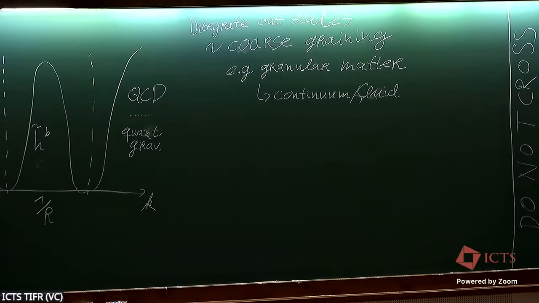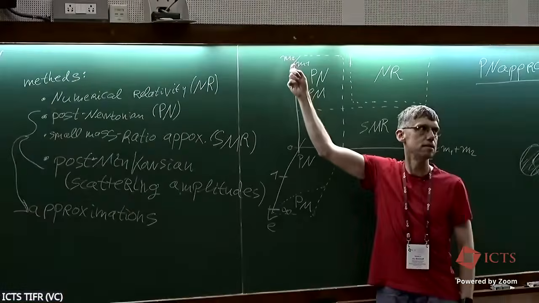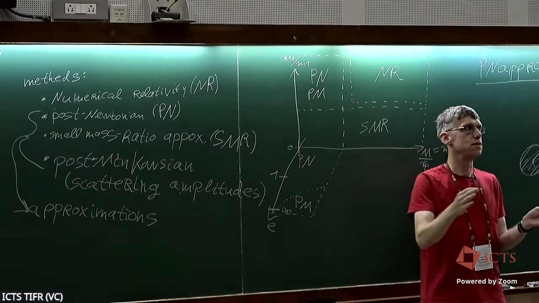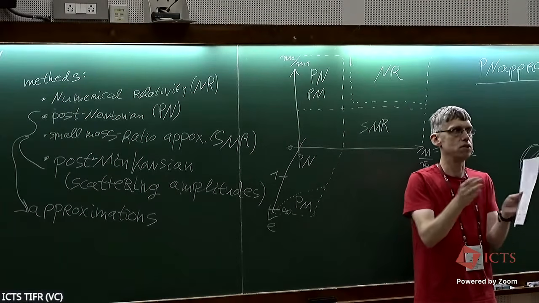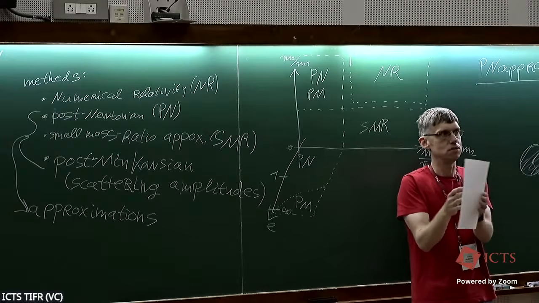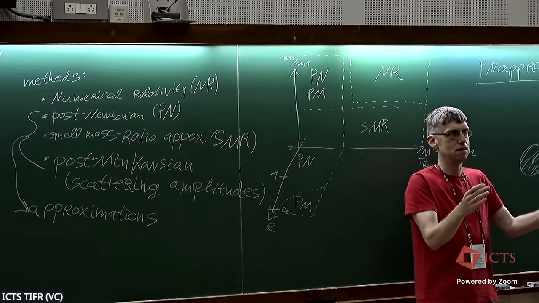Though not quite. It depends a bit on the regime. So when you have the small mass ratio approximation, you would more expand in the ratio of the masses. But also then you have different scales in the system, right? You have a small scale of one of the black holes and then a larger scale of the other black hole.